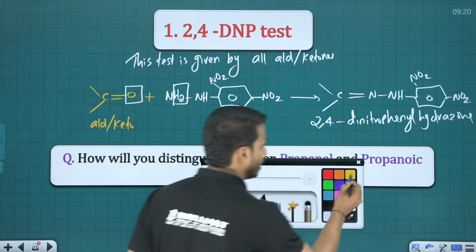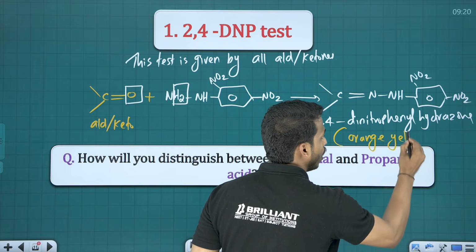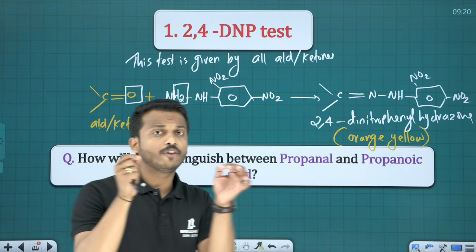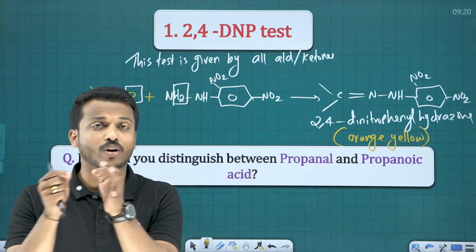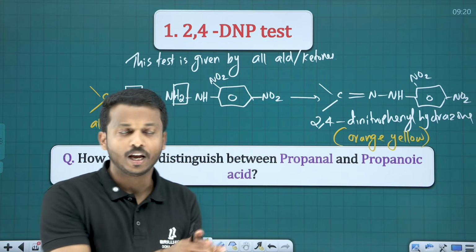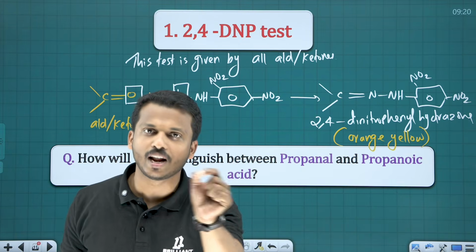You know what is the color, my dear? It has an orange yellow color. So if you are getting an orange yellow color when aldehydes and ketones react with 2,4-DNP, you can confirm it's an aldehyde or ketone.